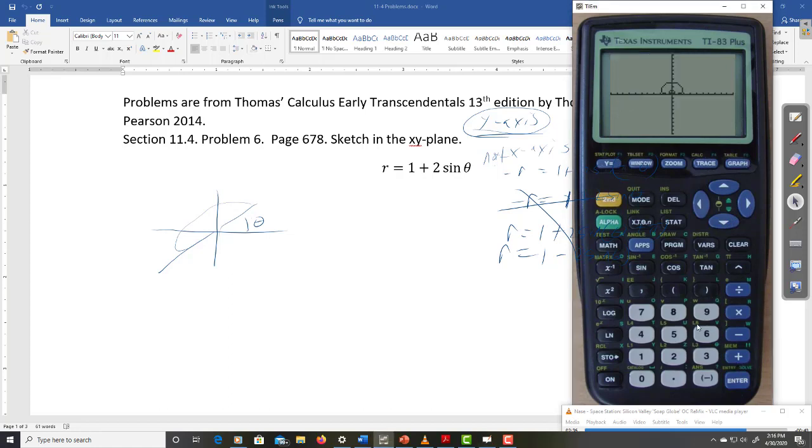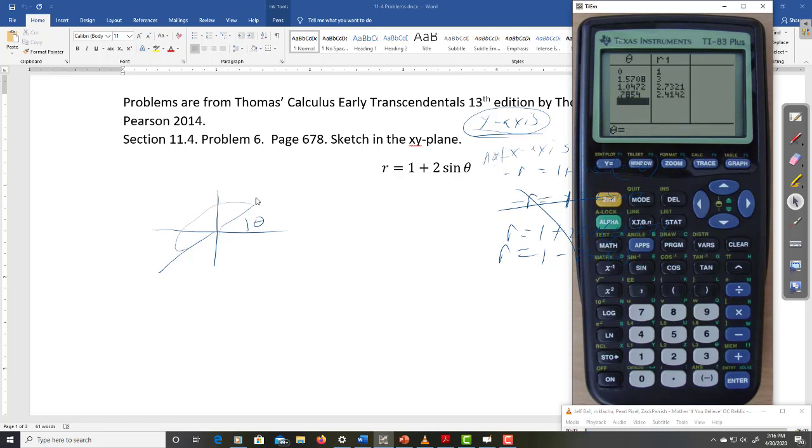So table, 0, pi over 2, and might as well do pi over 3 as well. And it's symmetric about the y-axis, so I really don't have to go past pi over 2. So let's do pi over 4 as well.